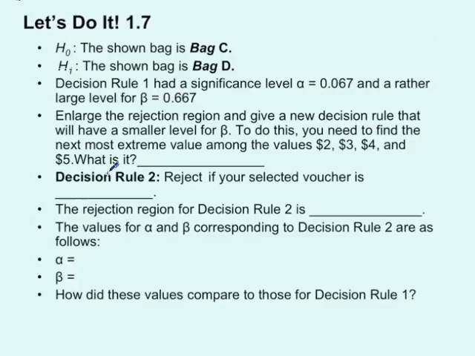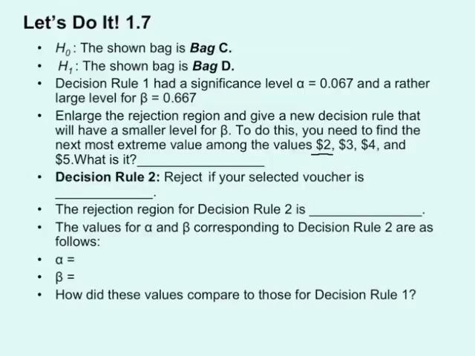So if we want to change that, what we're going to do now is expand our rejection region, okay? We want to make beta a little bit smaller because the beta came out to be pretty big, basically 67%, okay? So what's the next most extreme value among the values of $2, $3, $4, and $5? Well, hopefully it's pretty obvious to you that it's $2.